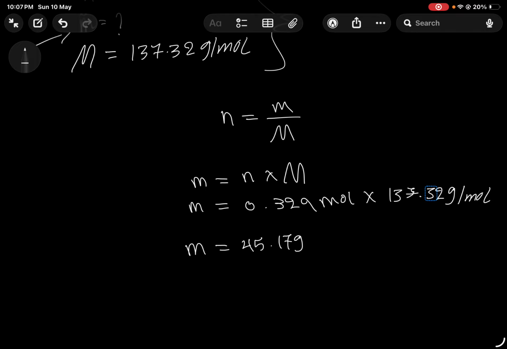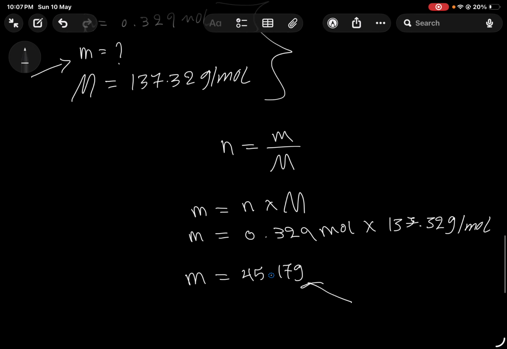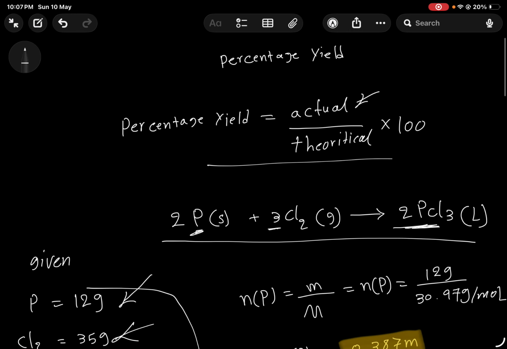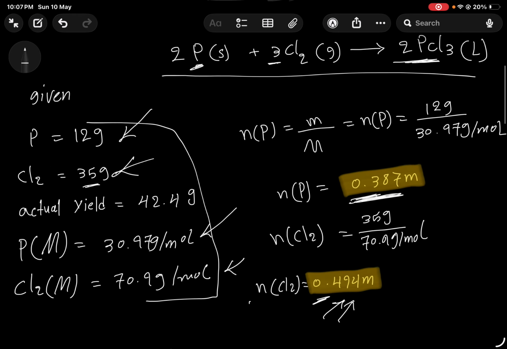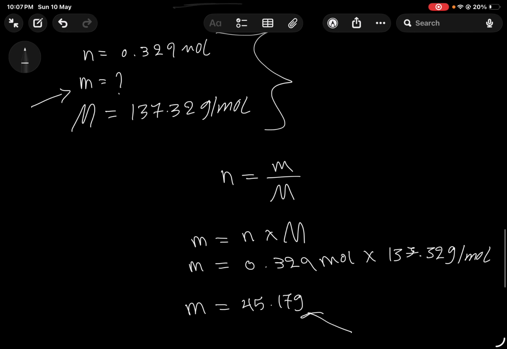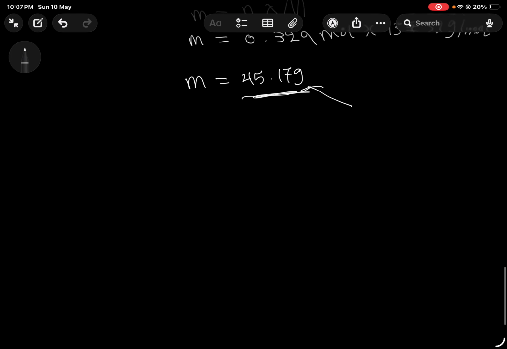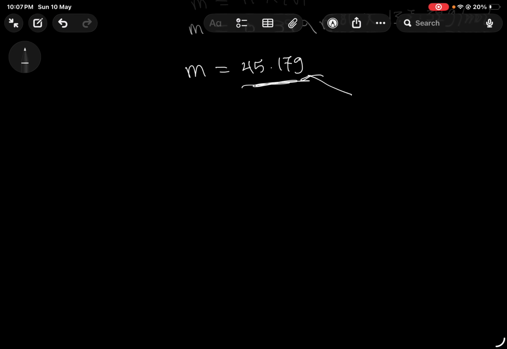If you guys remember the formula, this is the theoretical yield, so the theoretical yield will be that number, 45.17 grams. Now we can use the formula for the percentage yield.